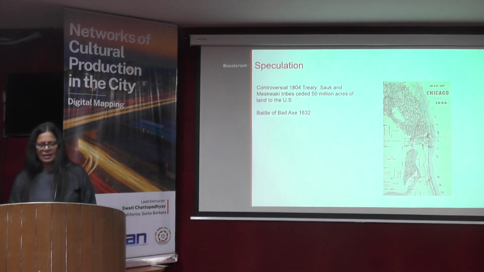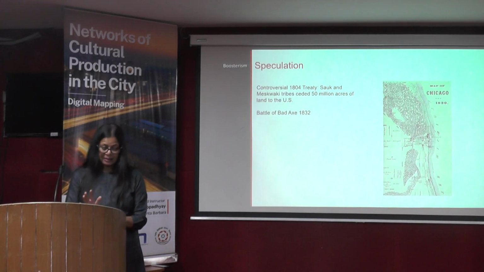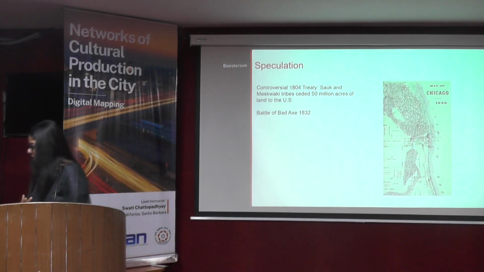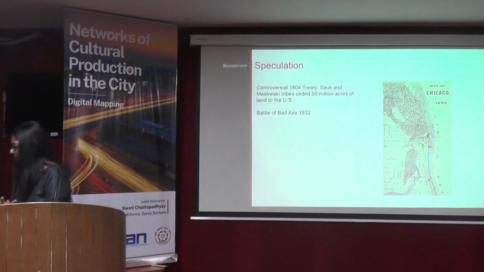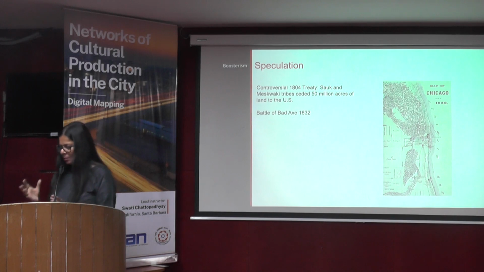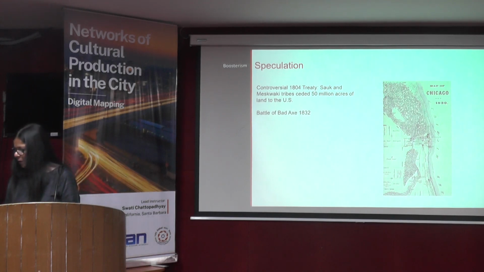And the Battle of Bad Axe was interesting because it's not near Chicago. It happened to be a massacre of indigenous groups, coming out of the 1804 treaty, and it was a conflict over ceded land that they claimed they had not ceded.